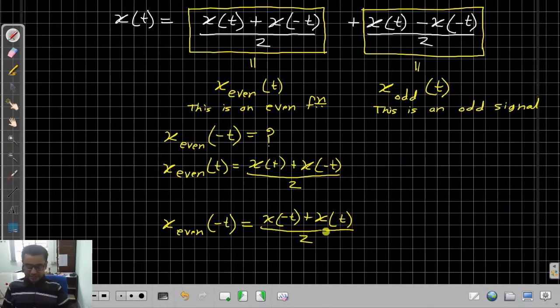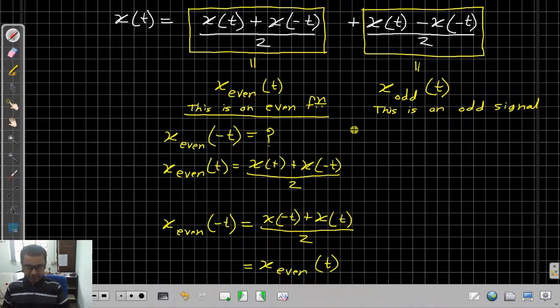And you see that this is the same as this. This is the same as x even t. Therefore, x even minus t is the same as x even t. And thereby this function is an even function.